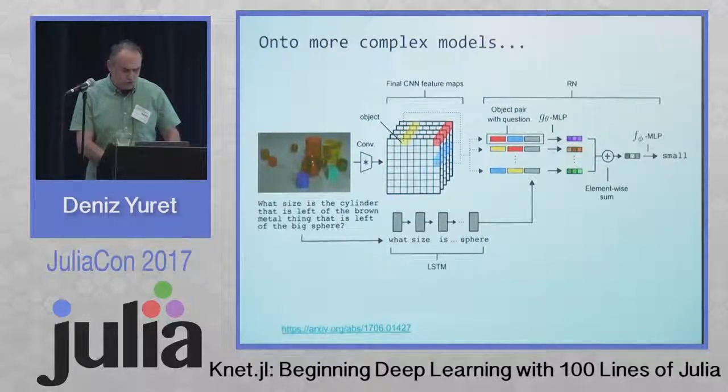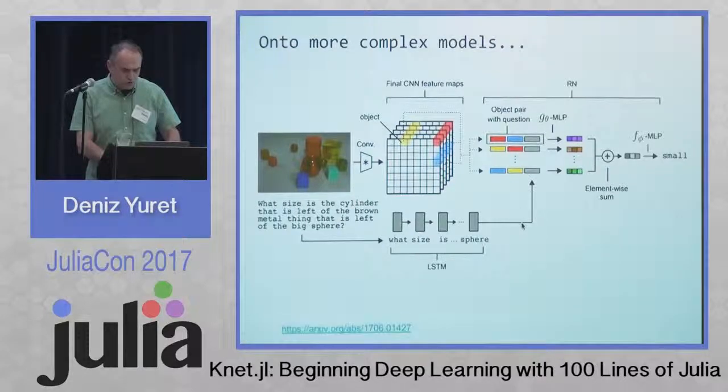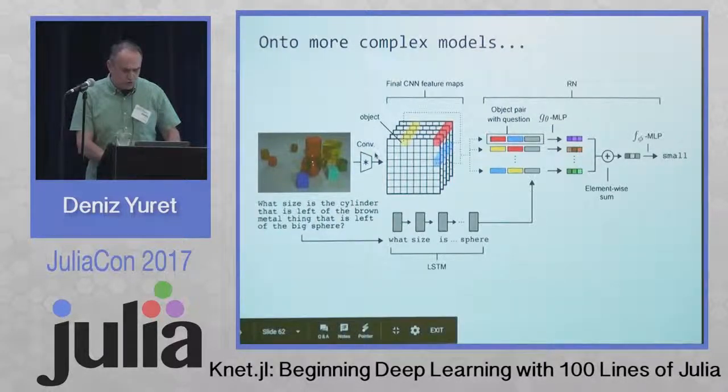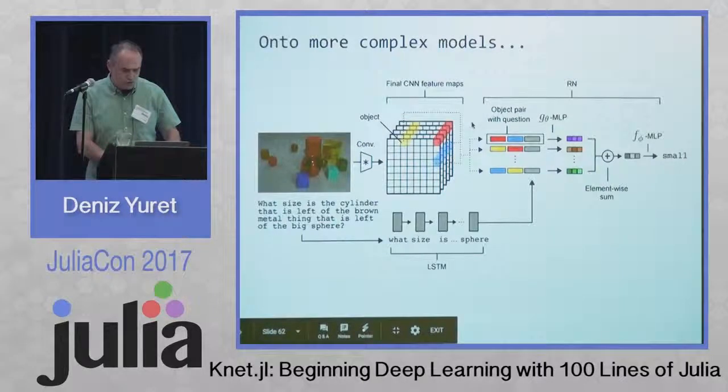So what happens is you take this sentence, you process it with an RNN, just like Mike showed you, word by word. So these are a bunch of LSTMs processing this sentence and generating some vector representation for it. And then you have a convolutional network, like I showed you before, that processes the image, and then you split the output of the convolutional network into a bunch of objects, and then you take these objects and feed them one pair at a time to this function called G with the representation of the sentence as well.